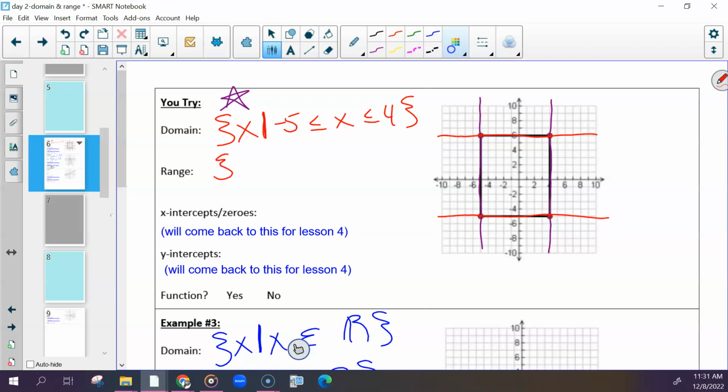Curly brackets y, -5 less than or equal to y less than or equal to 6. Is this a function? No. It literally does not pass the vertical line test anywhere. Questions on that one?